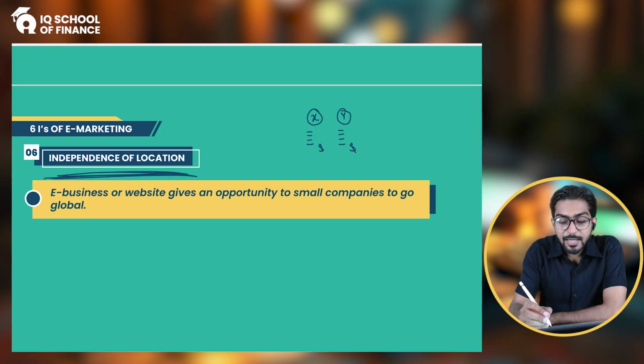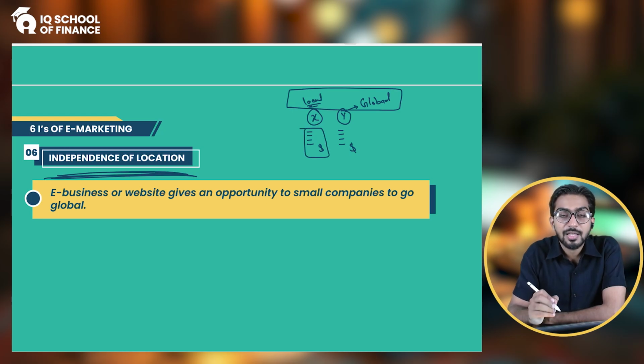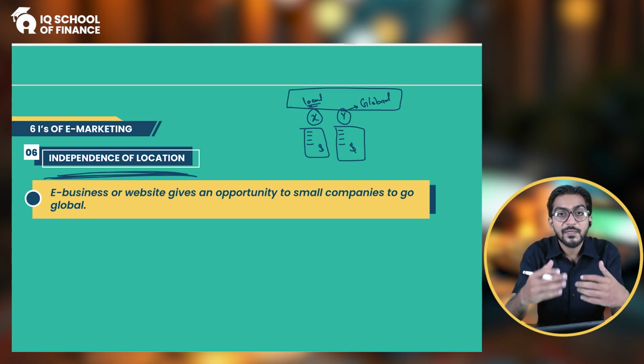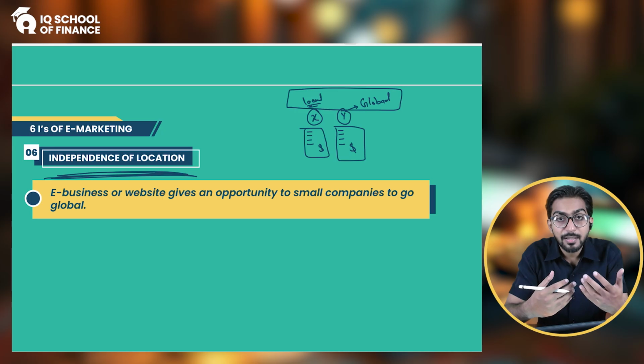And there is a chance that the Y product is from a very big company, like a global company, and you are a local company. So if the customer does not come to know about this, there is a chance that the customer will prefer your product based on the features and the prices, as compared to the Y product.